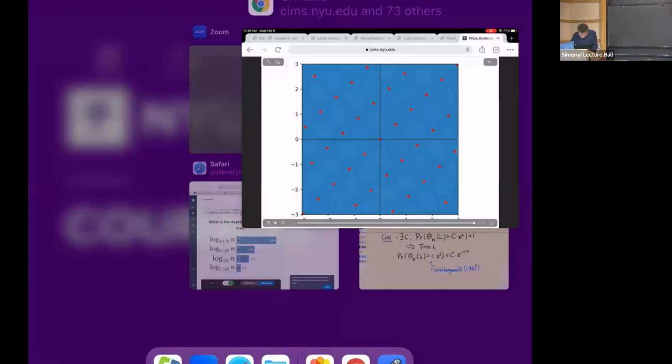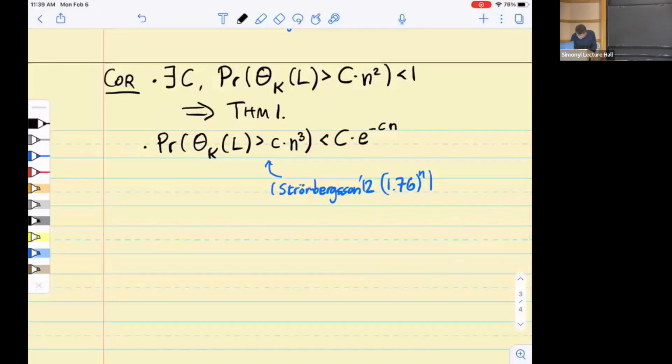So let me ask why do we care? This is smooth covering. That's the paper that's still in progress. Actually this problem shows up in some of the early works.